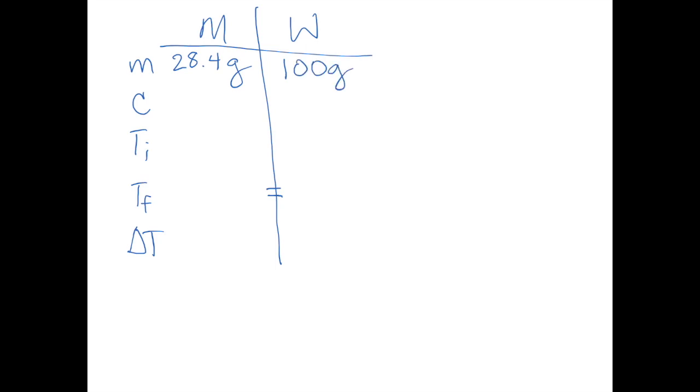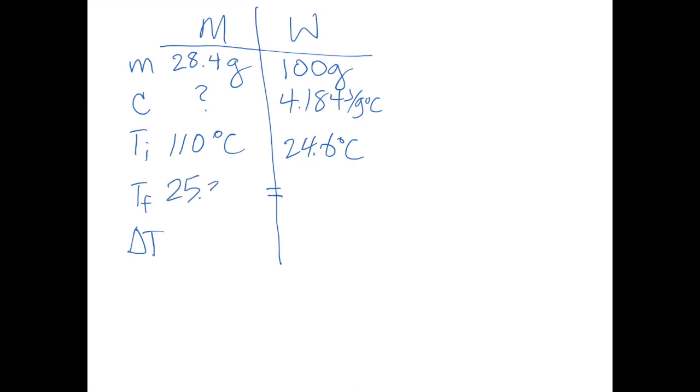My mass of the water is 100 grams. I don't know what the C for my metal is. That's what they're asking me, so that's my variable that I do not know. For water it's 4.184. I always know that for water. It's just a given. Initial temperature for the metal is really hot. Initial temperature for the water is room temp. And final temperature for both is 25.34 degrees C.